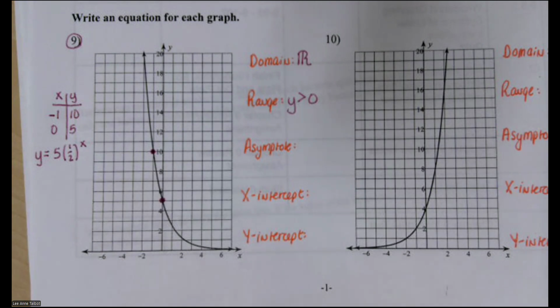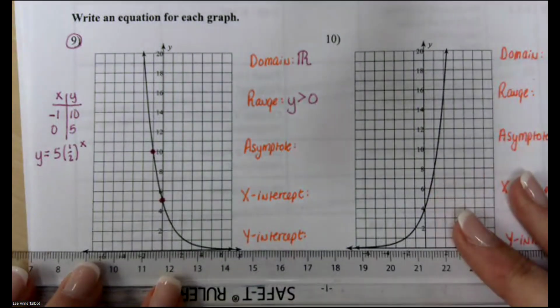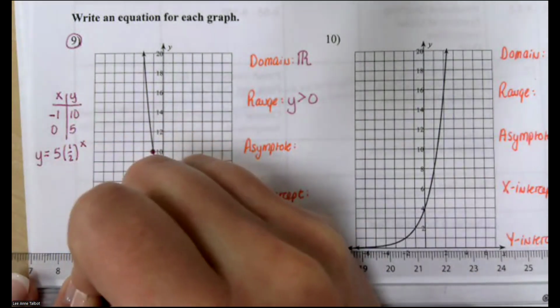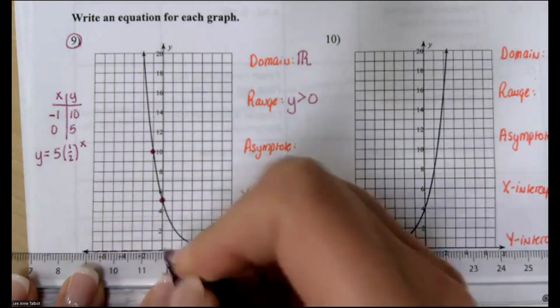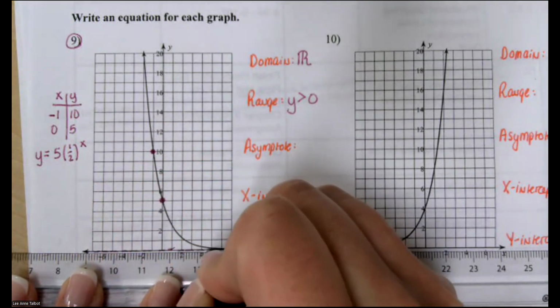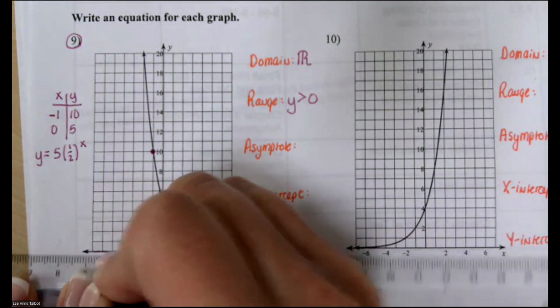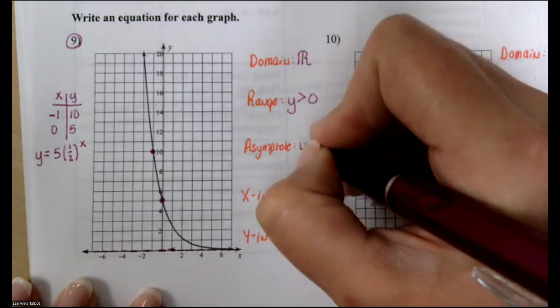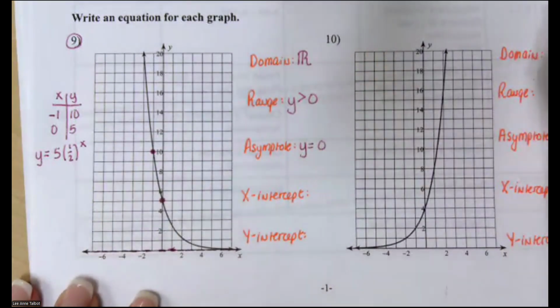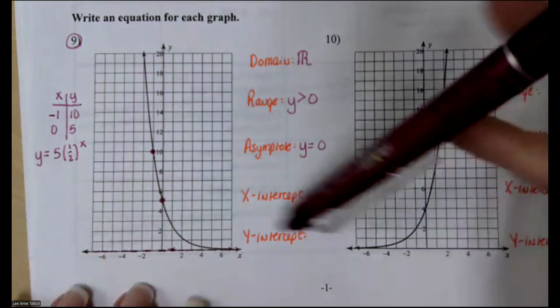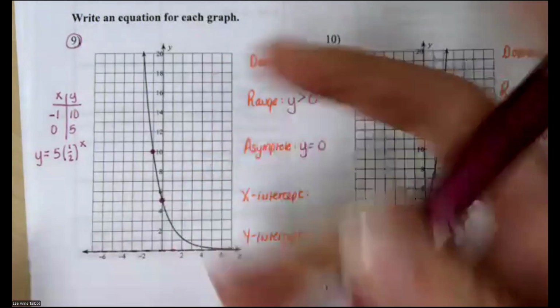The asymptote is the line that it approaches but does not cross. So in this case, it's 0. You can draw in the asymptote on these with the dashed line if it helps you. Here's a pro tip.